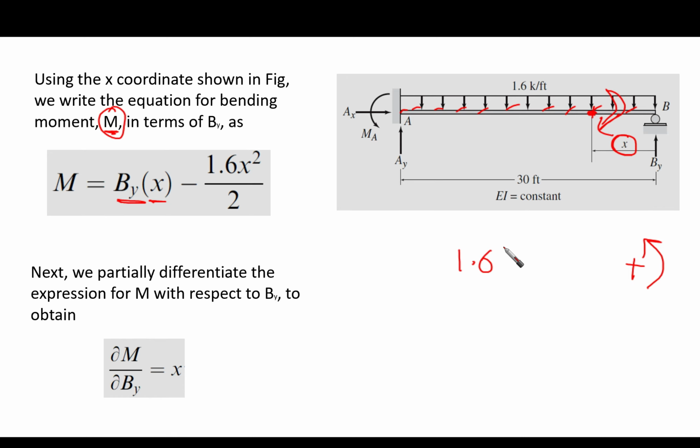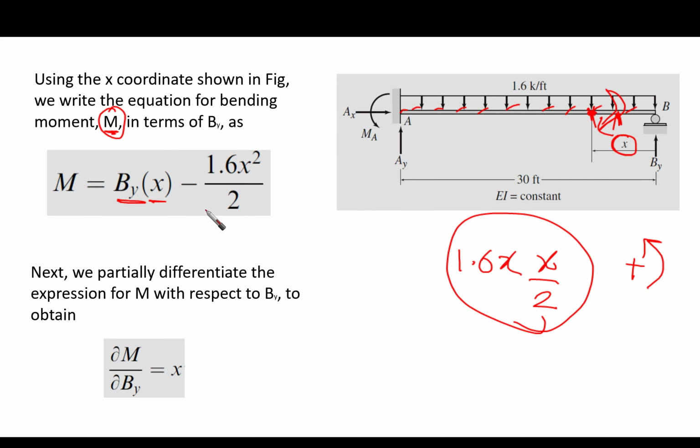Because we are talking about any point here, so we have the distance here. We end up with 1.6 x squared over 2.